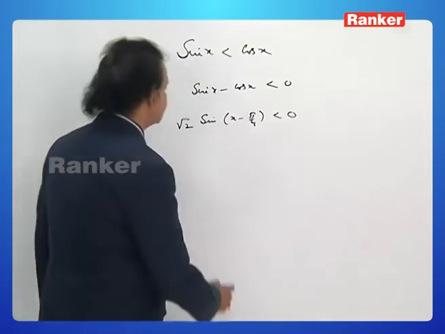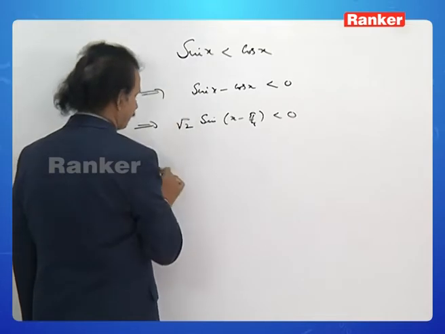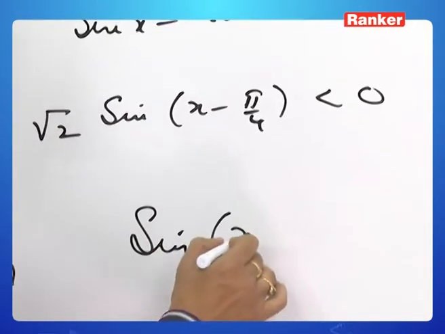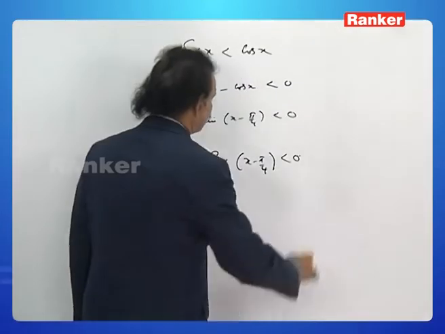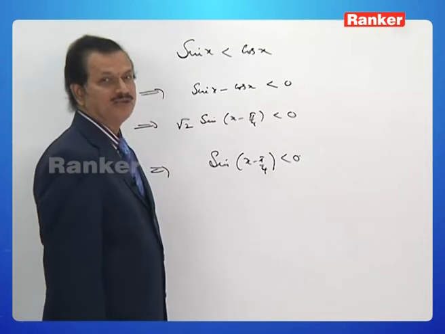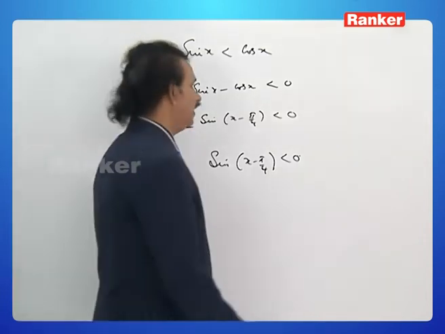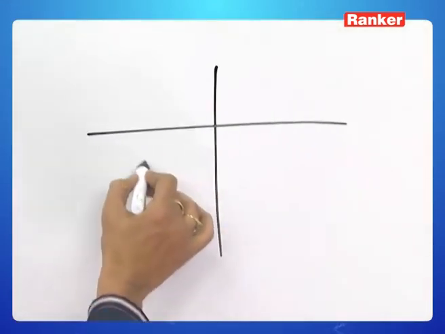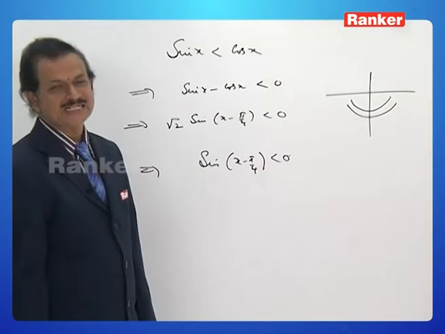Well, this is less than 0 implies sine of x minus pi by 4 less than 0. Well, where can it be less than 0? Either here or here. Isn't it?